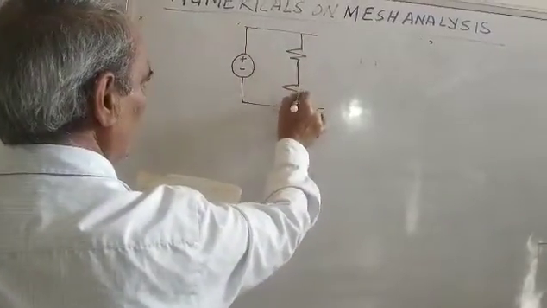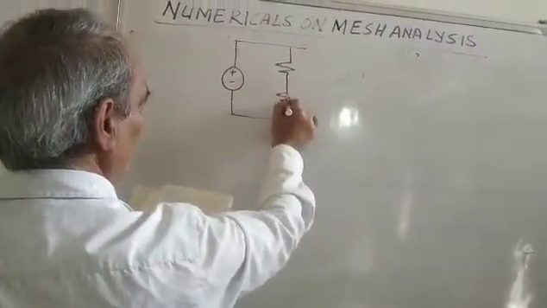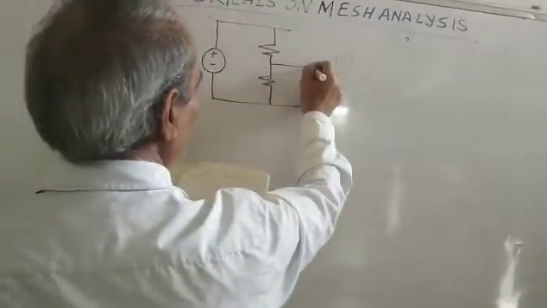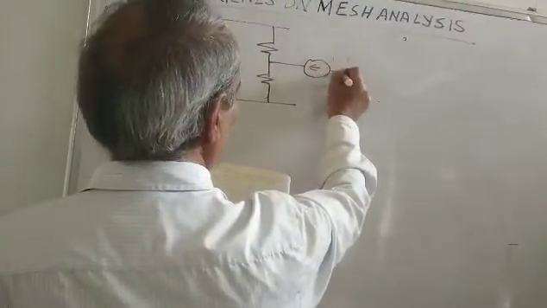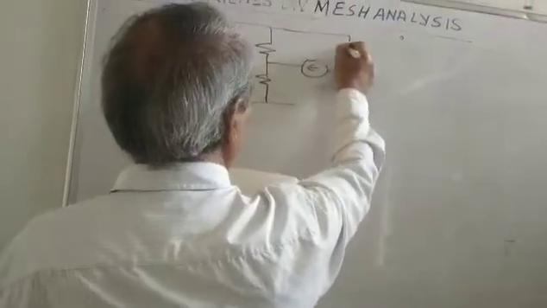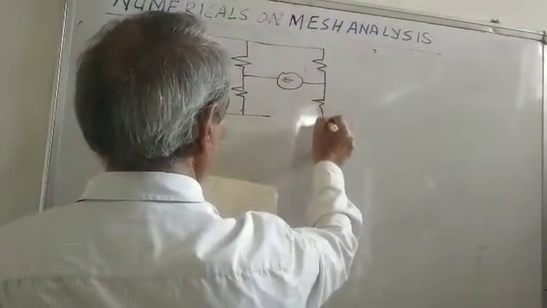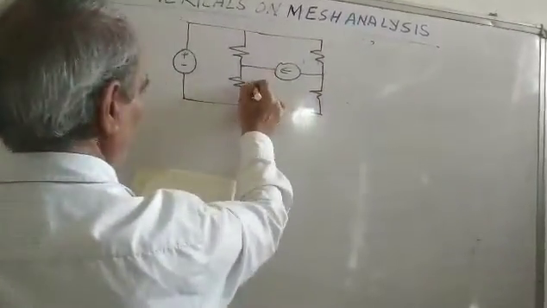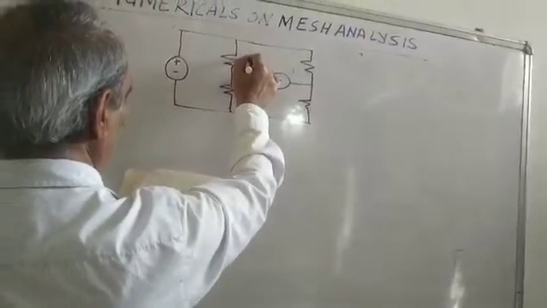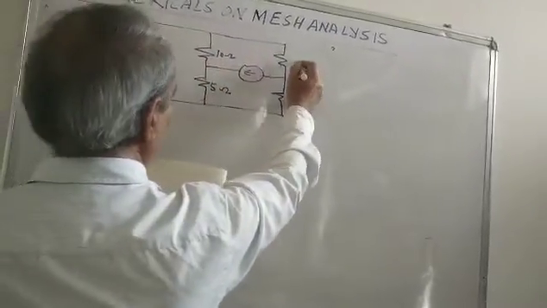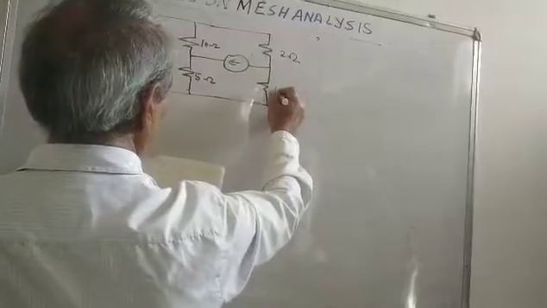So you consider one case of this problem. You have to find the current in 5 ohm branch. Find the current in this resistance 5 ohm. This is 5 ohm resistance. This is 10 ohm resistance. This is 2 ohm. This is 1 ohm.